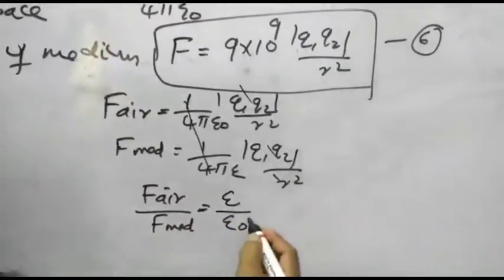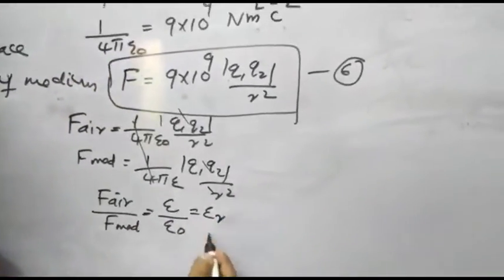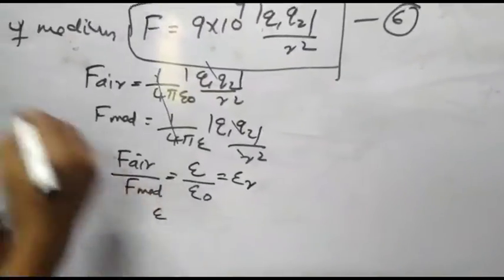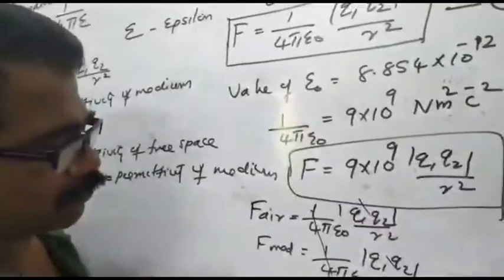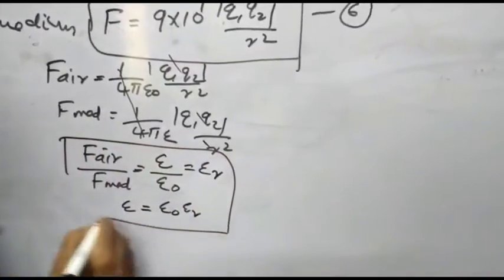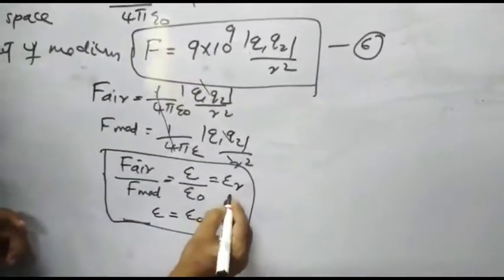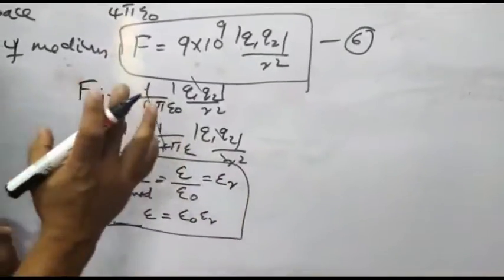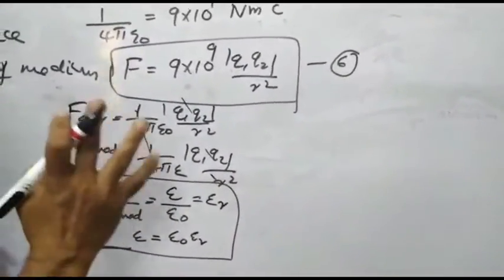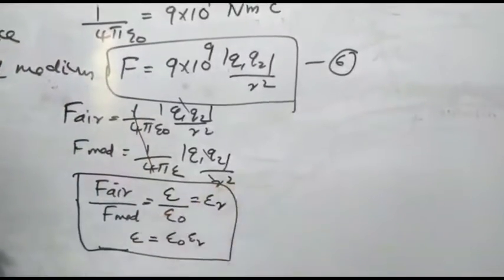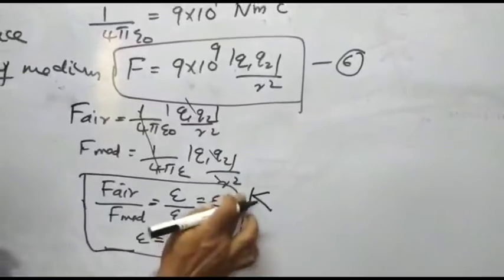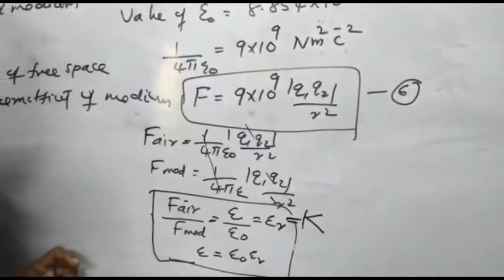This epsilon by epsilon 0 is nothing but epsilon r, since you have already learned that epsilon is equal to epsilon 0 epsilon r. This is a very important equation. This epsilon r is also called relative permittivity, but it can also be called the dielectric constant, just like K.